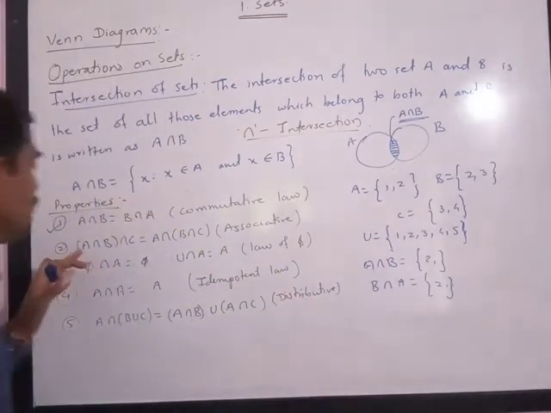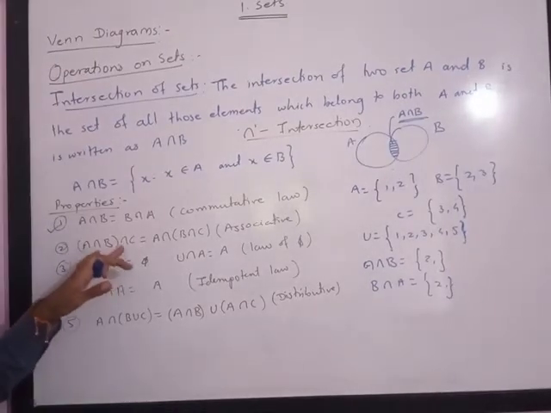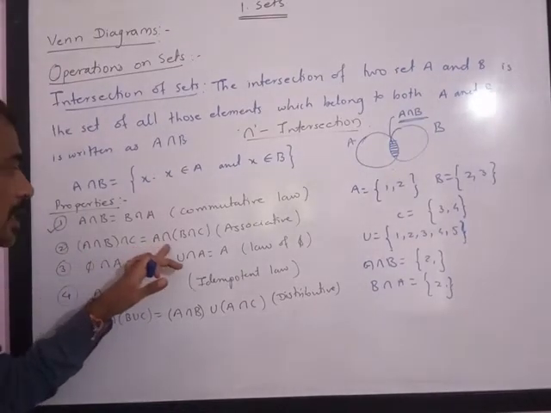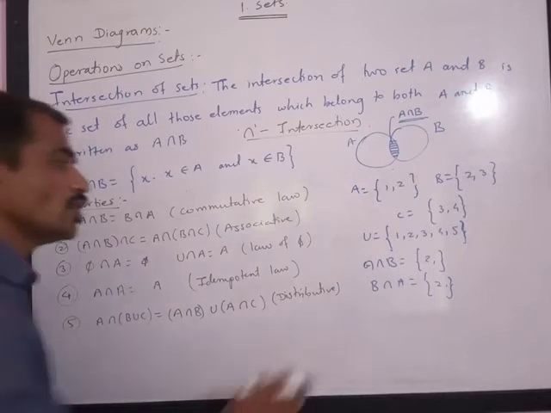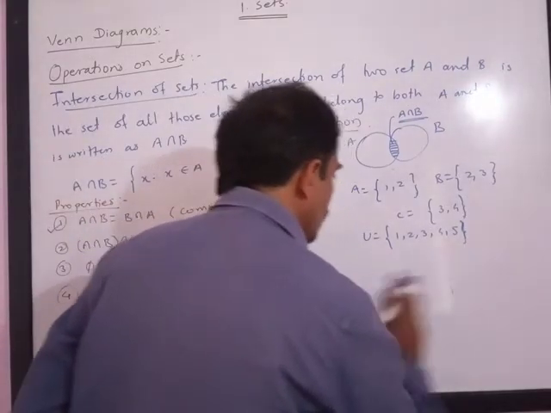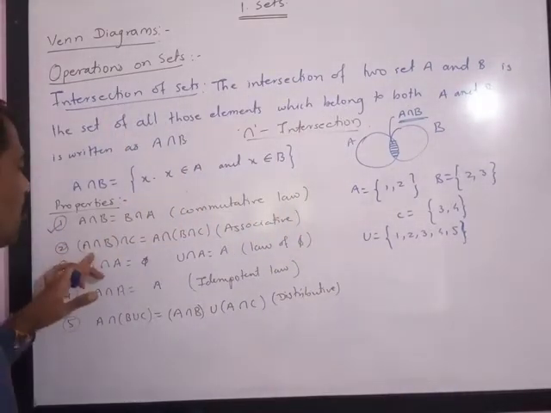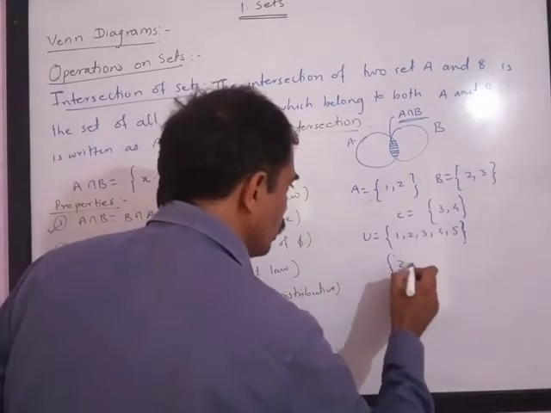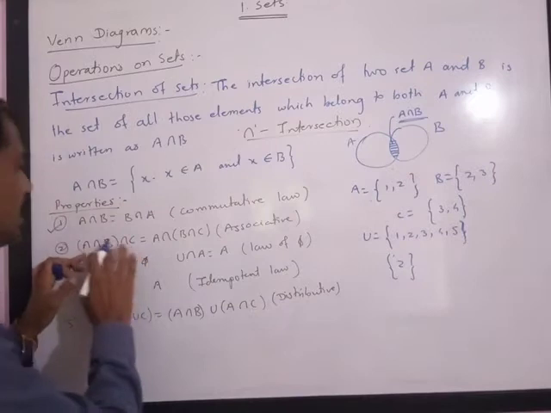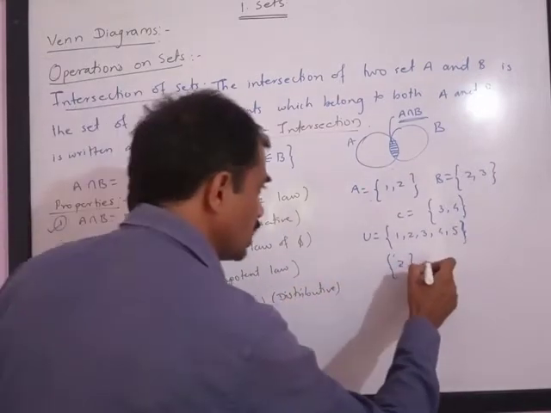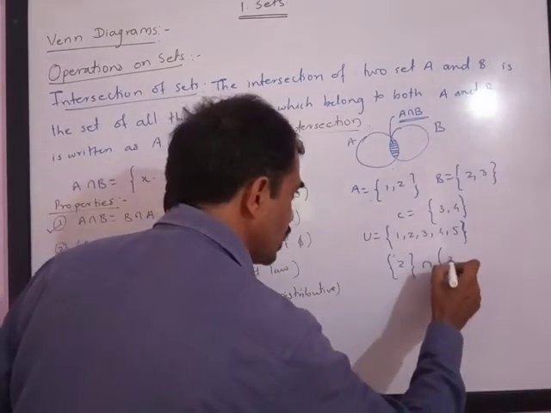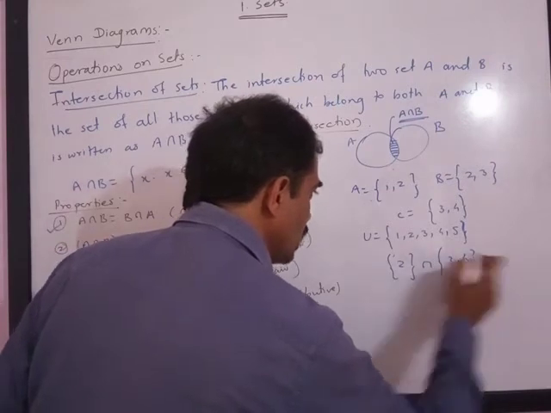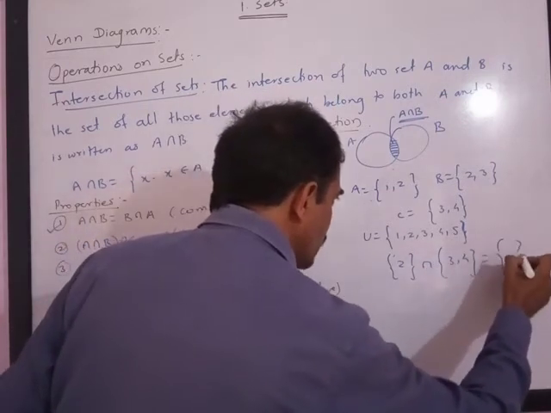Now the second property: is (A ∩ B) ∩ C equal to A ∩ (B ∩ C), that is, is intersection associative? Let us check whether this property is true or not. A ∩ B is {2}, and its intersection with set C: please note there is no common element, so it is a null set.